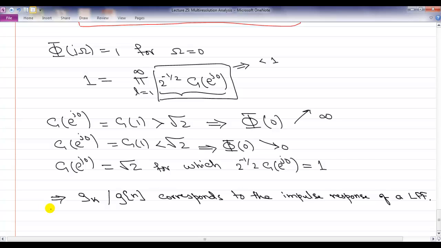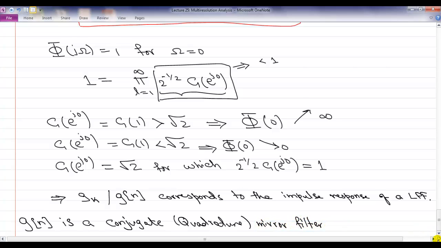There is another property which we won't prove, which is the conjugate mirror property. So g of n, let me start calling it a sequence, is a conjugate or quadrature mirror filter.